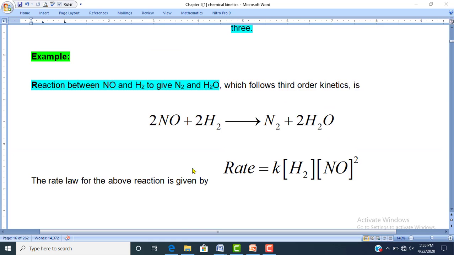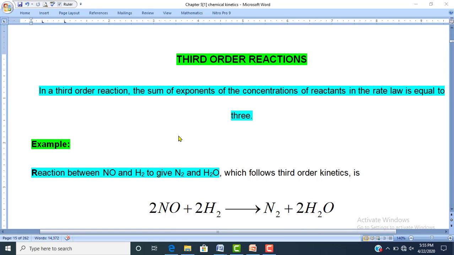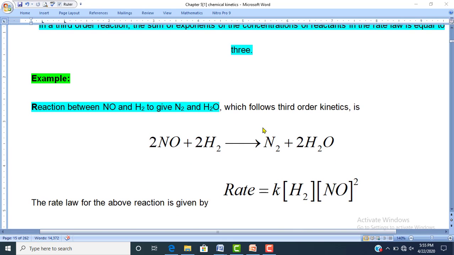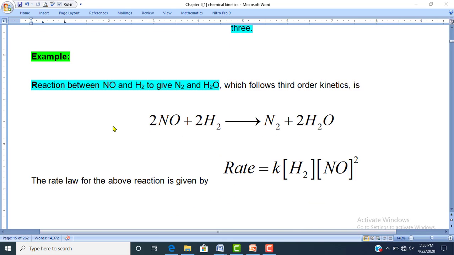The main point to remember is that in a third order reaction the sum of exponents of the concentrations of reactants in the rate law is equal to 3, and the most important example of the third order reaction is 2NO plus 2H2 gives N2 plus 2H2O.